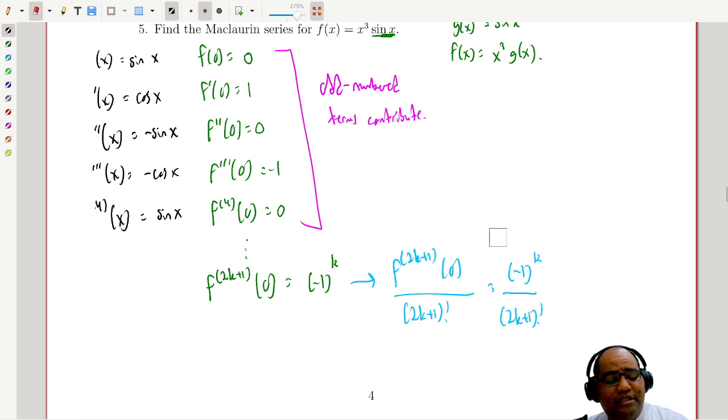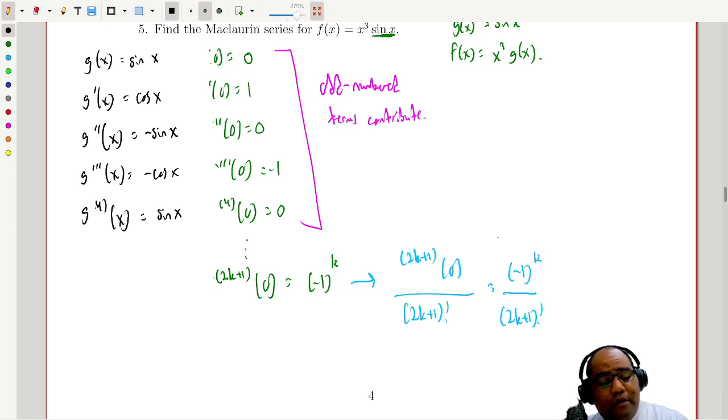So let's go ahead and fix that. Whoops. This is what happens at the end of the semester, right? So g, g, g, g. Now we have g of 0, g prime at 0, g double prime, g triple prime, the fourth derivative, the 2k plus first derivative.